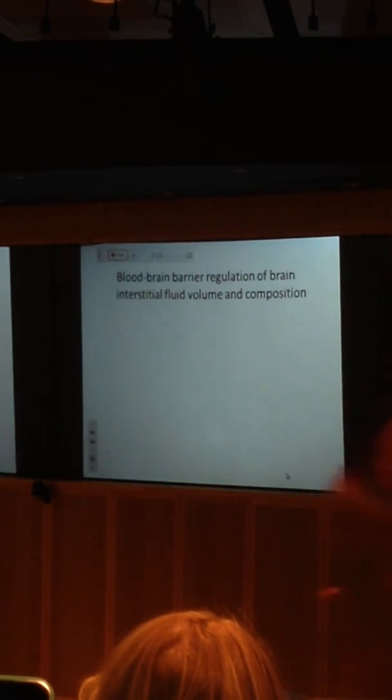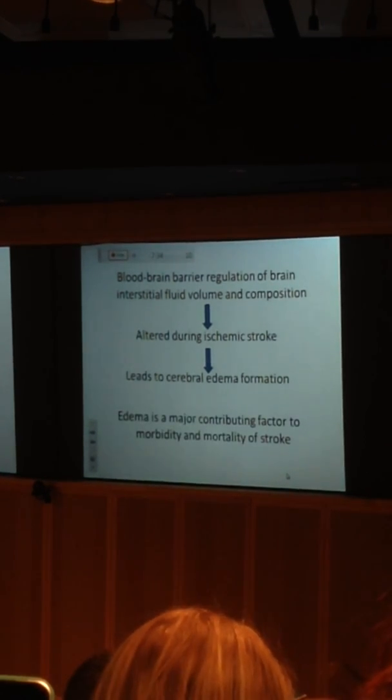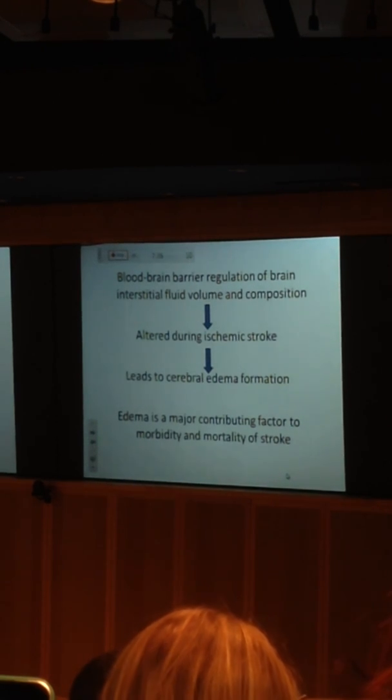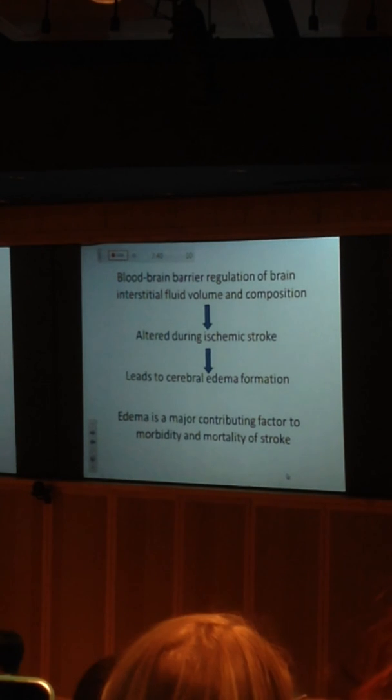Okay, so we know by now, this is a summary: the blood-brain barrier is the regulator of the brain interstitial fluid volume and composition. If you alter it during this blockage stroke, that leads to cerebral edema forming, and edema is the major contributing factor for the morbidity and mortality of stroke.